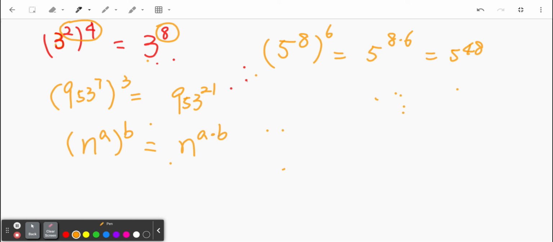Now, let's look at how to simplify a product of power when the bases are different and the exponents are the same. So number 6, let me write it down. 2 to the power 3, and then multiply 4 to the power 3.